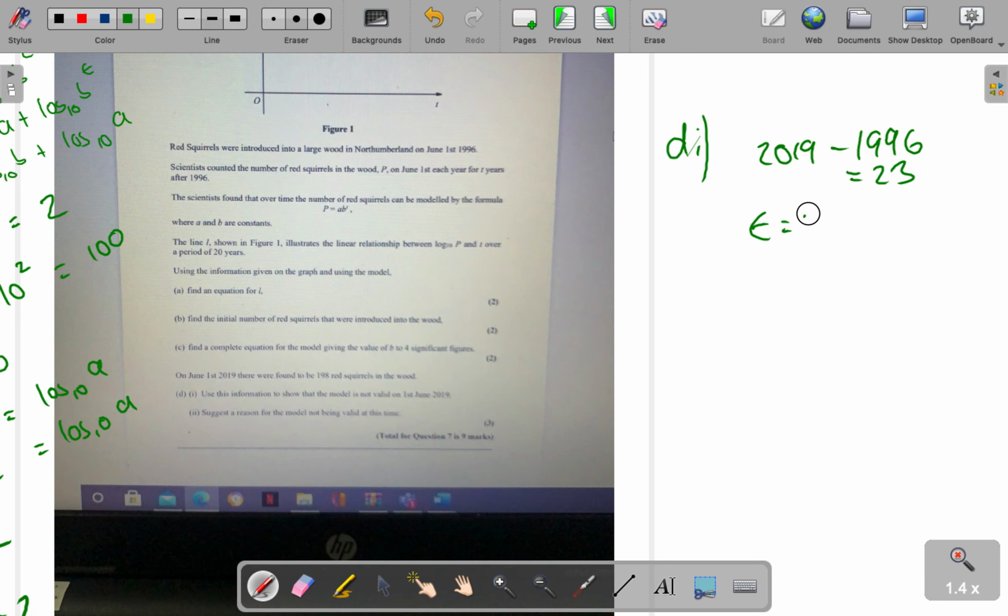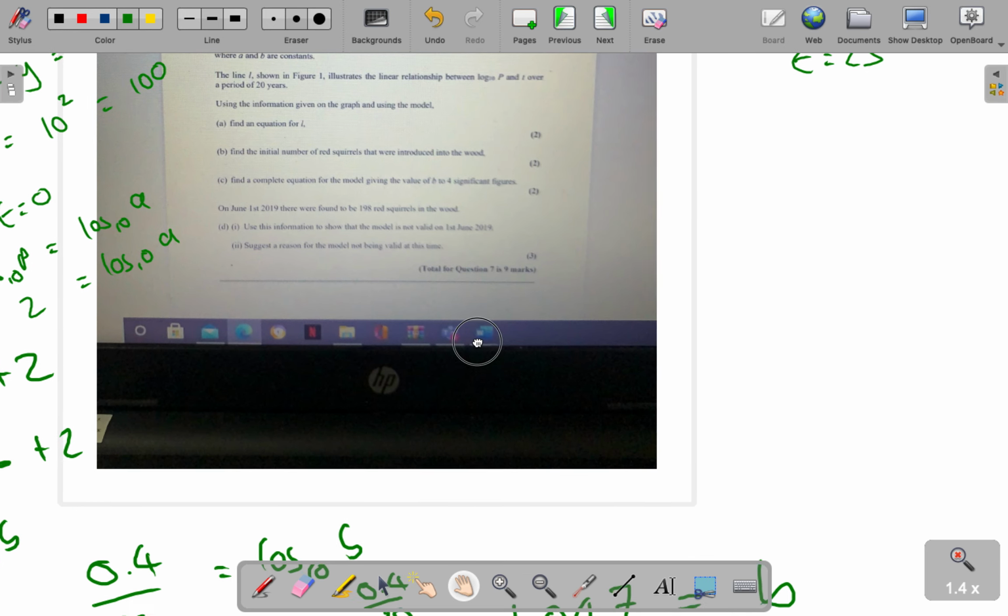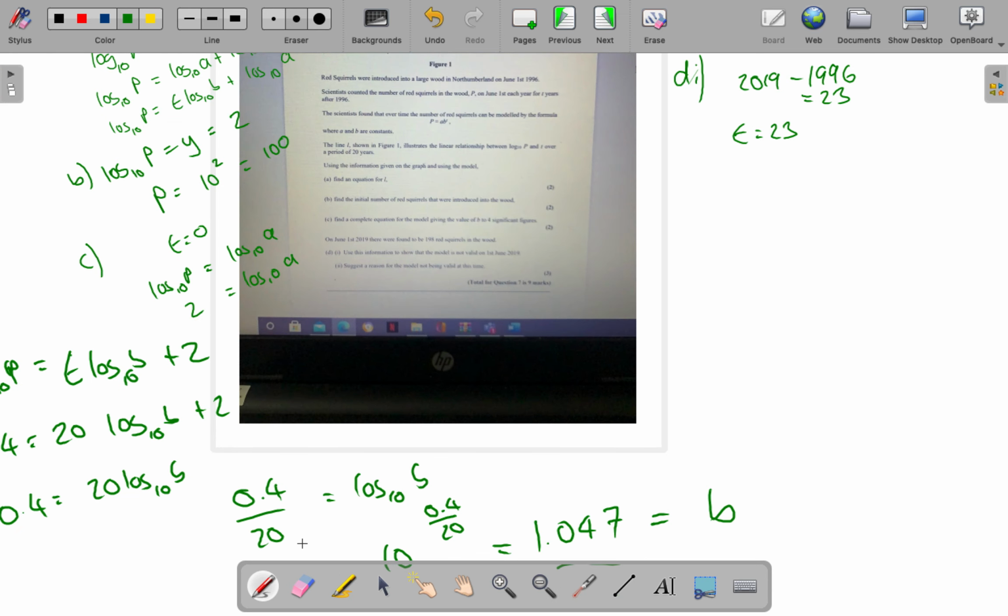Okay, so t is equal to 23, and therefore we just use our previous values. We've got values for b, so we can use p equals ab to the power of t, because we found b and we found a. A is equal to 100 and b is equal to 1.047.